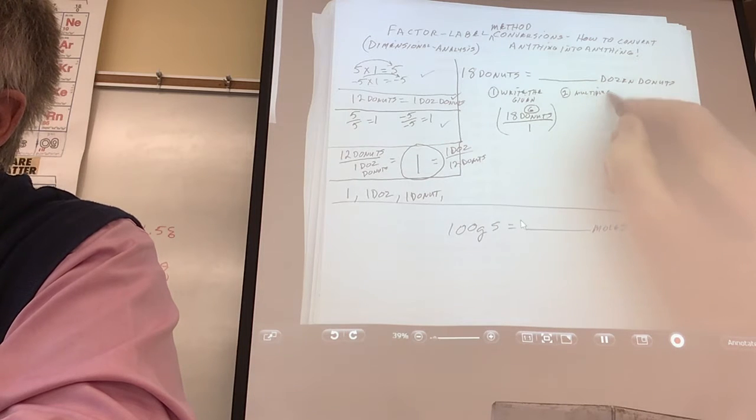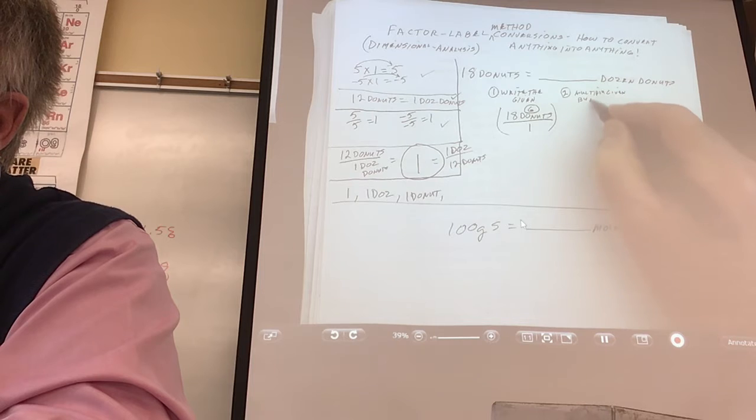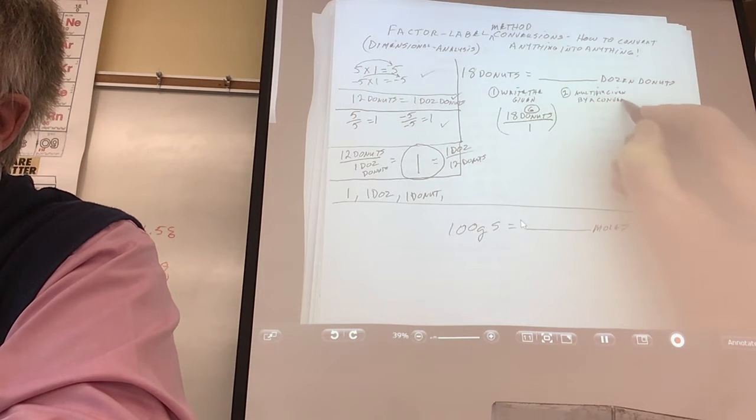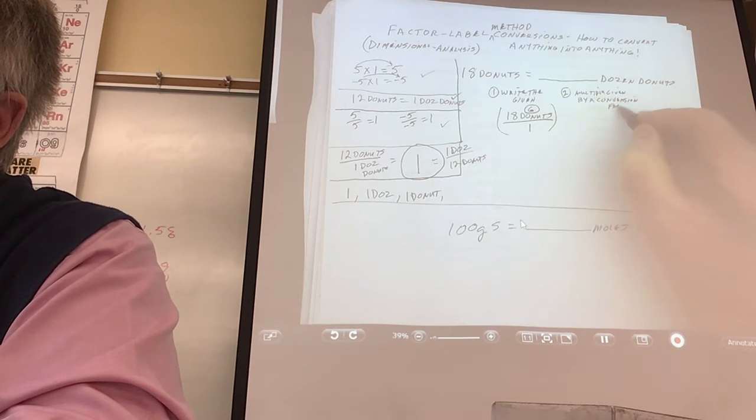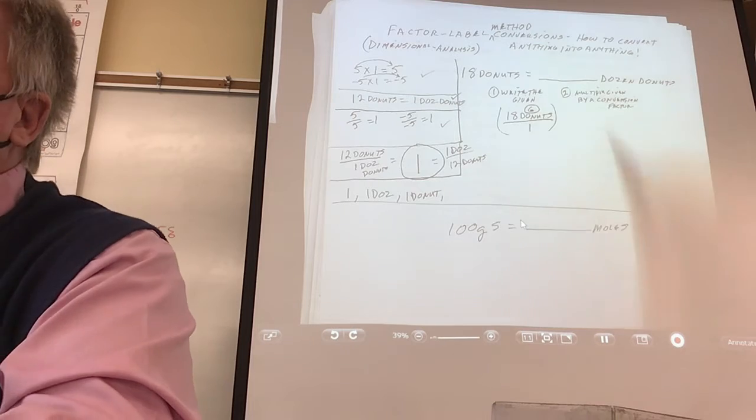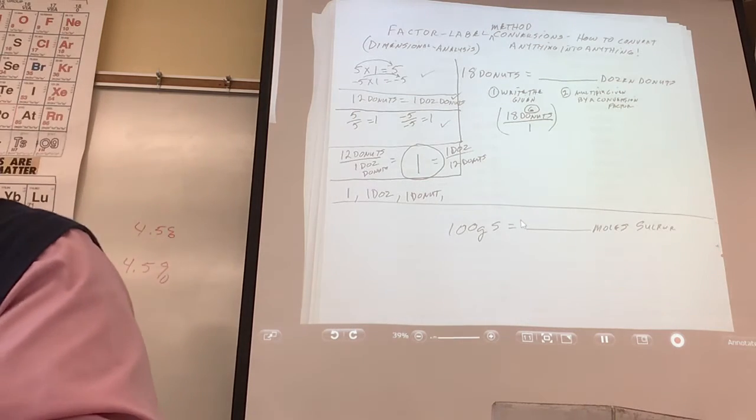Step 2. Multiply the given by a conversion factor. Now, this is where you have to pay attention, okay? This is where you have to pay attention.